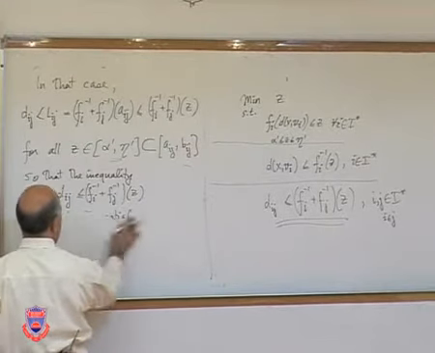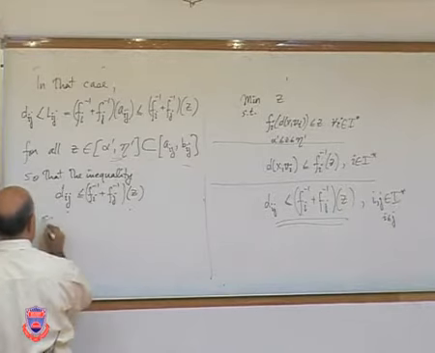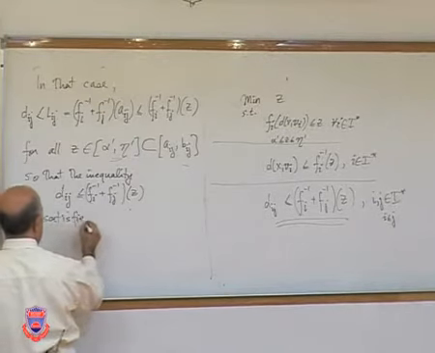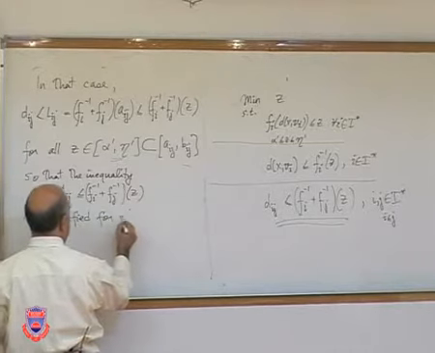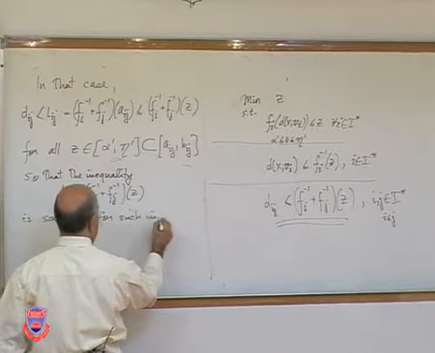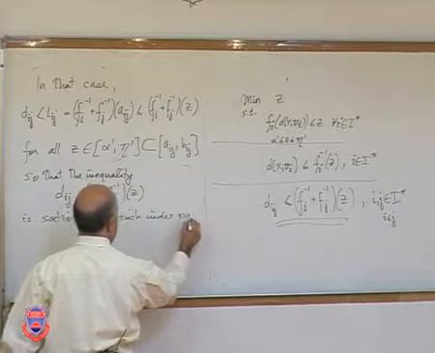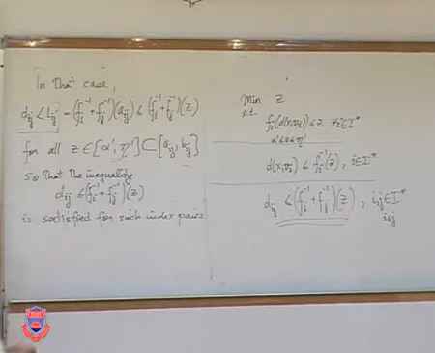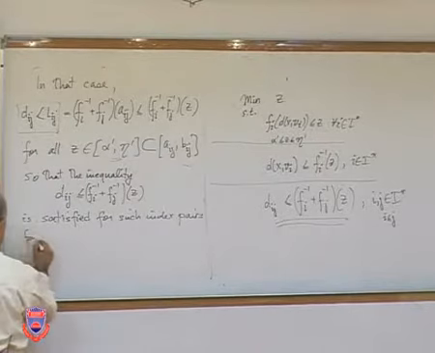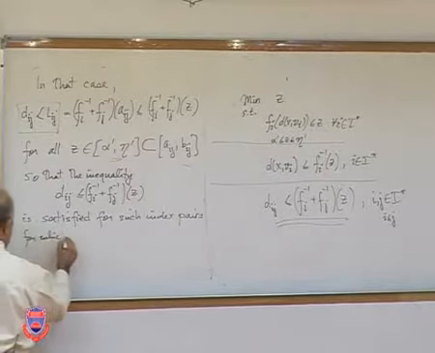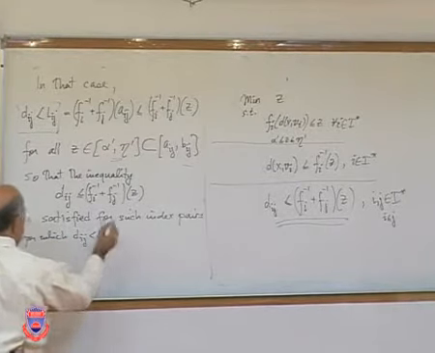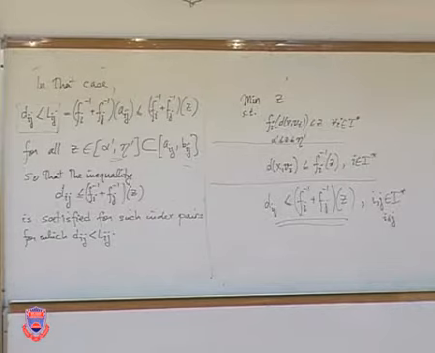Well, I shouldn't say automatically. So this inequality is satisfied for such index pairs for which Dij is less than Lij. They become redundant.